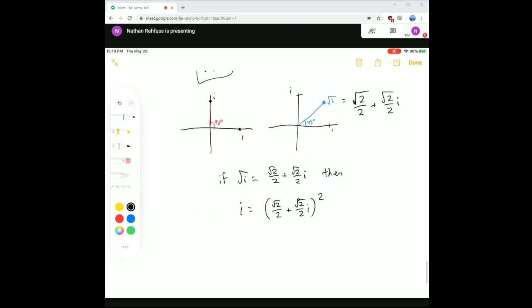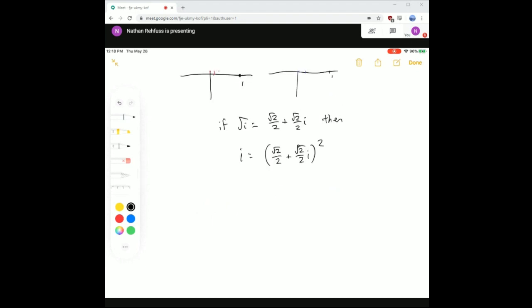So let's check that this is true. That's equal to root 2 over 2 plus root 2 over 2 i times root 2 over 2 plus root 2 over 2 i.